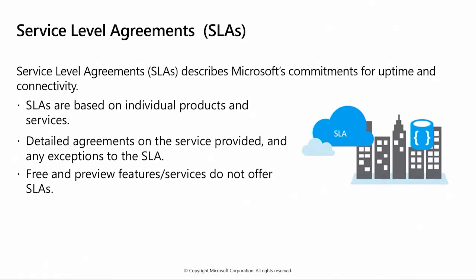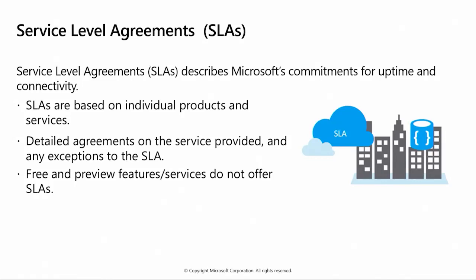And that service level agreement is a contractual obligation that Microsoft is committing that this specific service will be up and running a minimum time per month. And so if, for example, a service is down beyond that minimum agreed time, well, then a credit is then applied to your account.